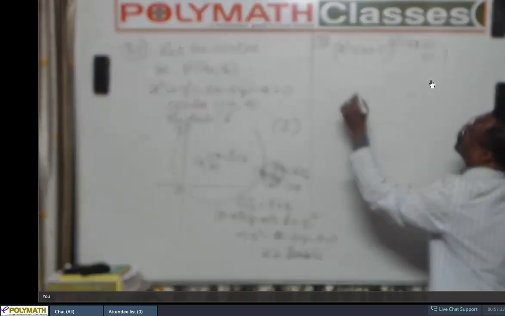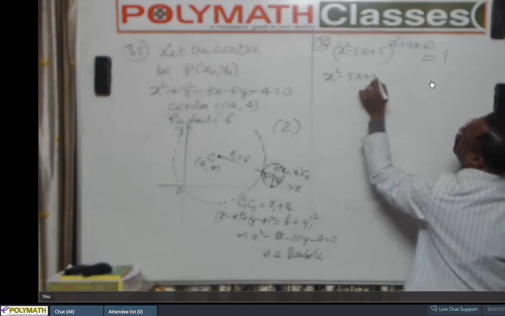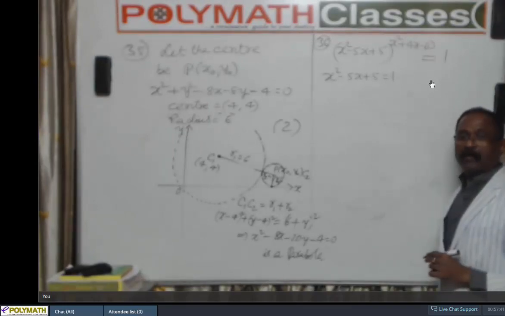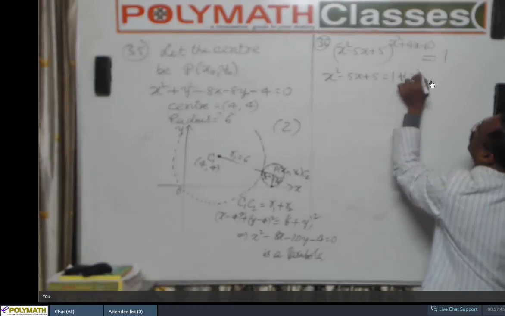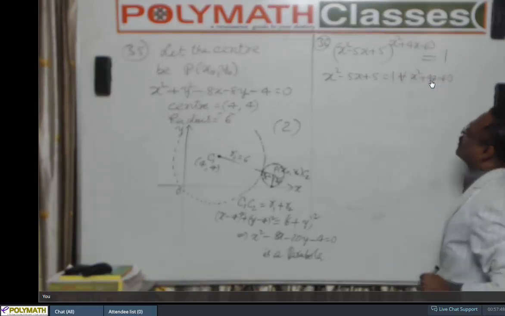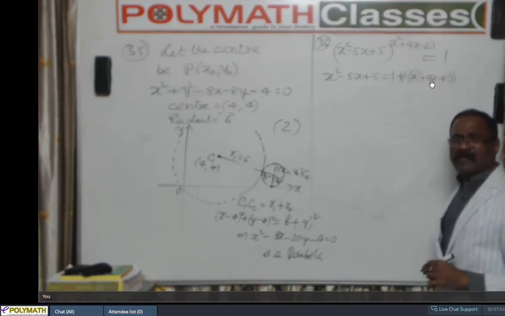First case: x squared minus 5x plus 5 is equal to 1, for all x squared plus 4x minus 60. What does it mean?